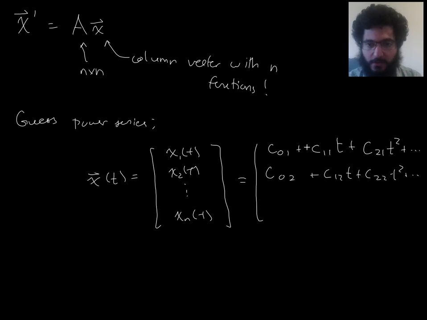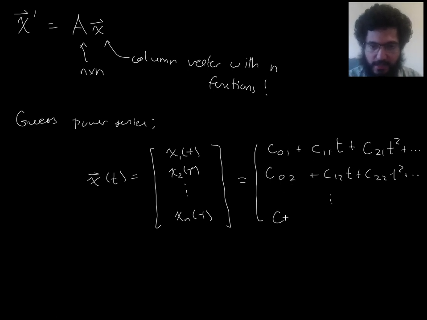There's a family of coefficients for each one of these. So here there's a family of coefficients that are all called C0 something. And here there's a family of coefficients that are all called C1 something. So these are the C0s, the C1s, and we're going to continue.